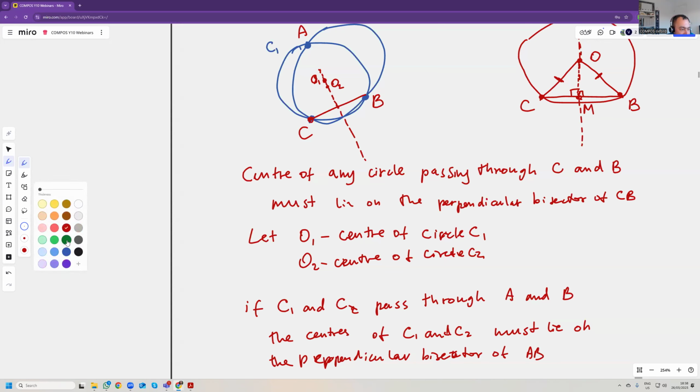So we draw AB, and we draw the perpendicular bisector of AB.